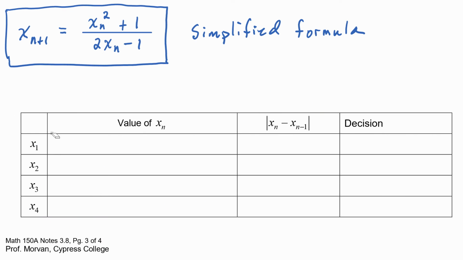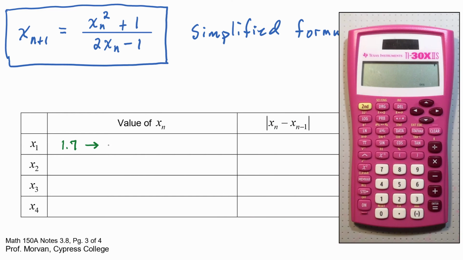So remember we said that x1 was going to be 1.7. So let's go ahead and store that in memory location A. Now we can calculate x2 using Newton's formula. So we will need to put this numerator in a set of parentheses.